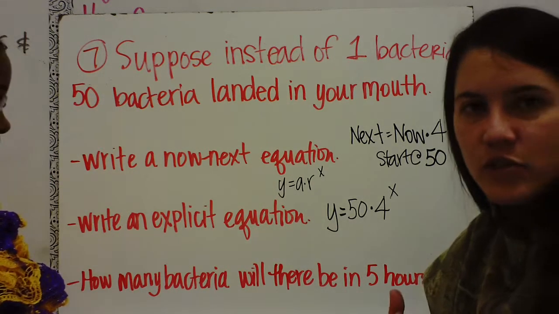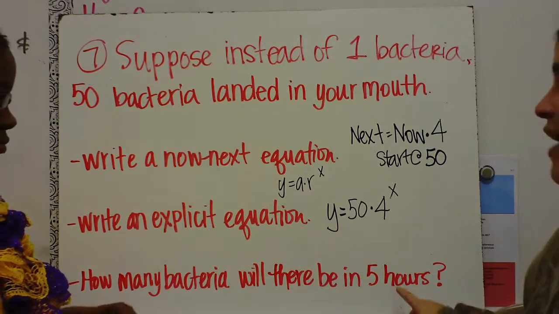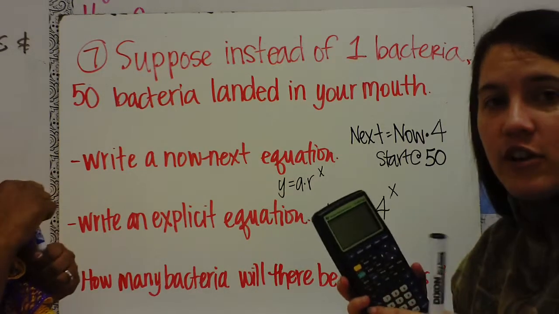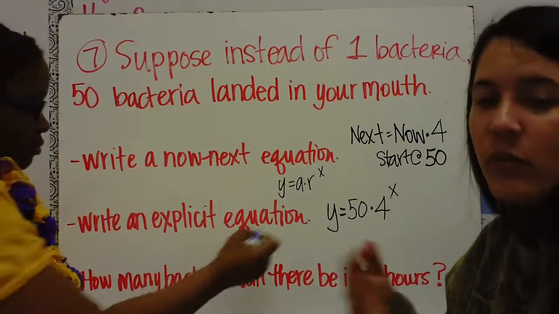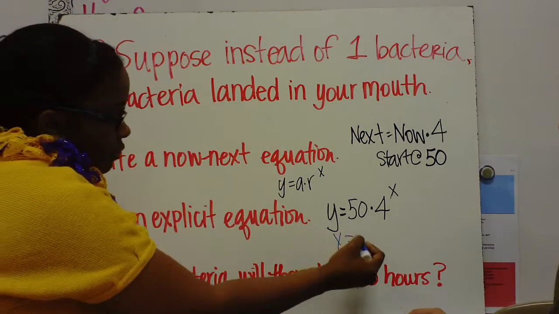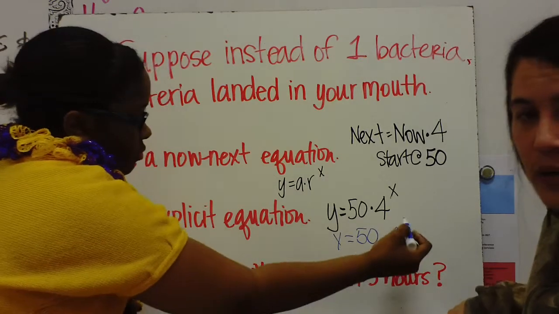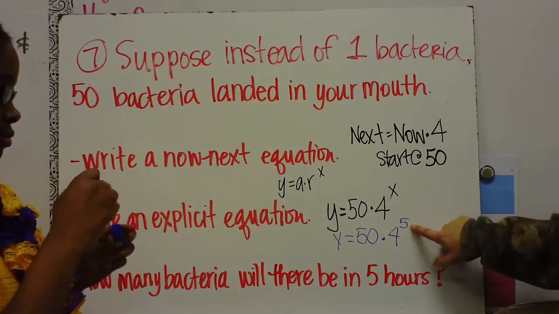And it's really nice once you get an equation, because of this last question: how many bacteria will there be in 5 hours? Before you had an equation, you would have to type that into your calculator and hit enter 5 times. But now that we have an equation, we can plug it in. So 5 hours, that is our independent variable, so we're going to put that into our x as the exponent.